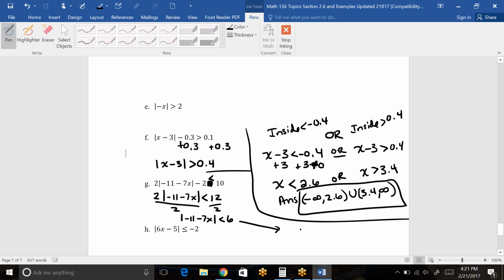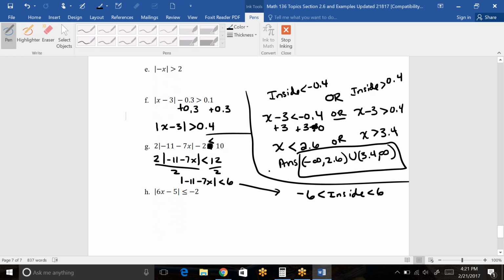So if you have a less than and a positive, you set the inside between the value that is negative and positive of that number. So it looks like this when you have a less than case. This is an or case, this is an and case. So our inside is the negative 11 minus 7x, because that's what's inside the absolute value.